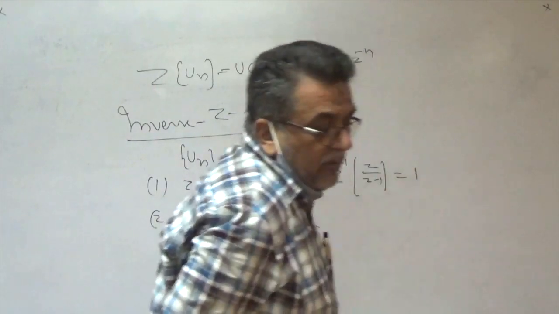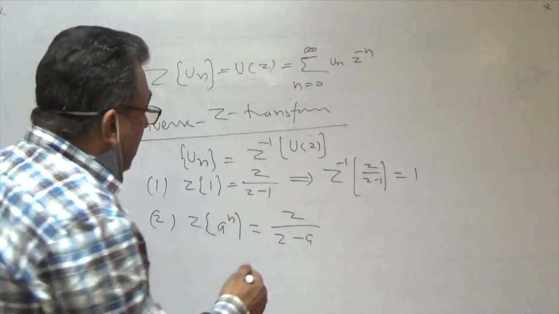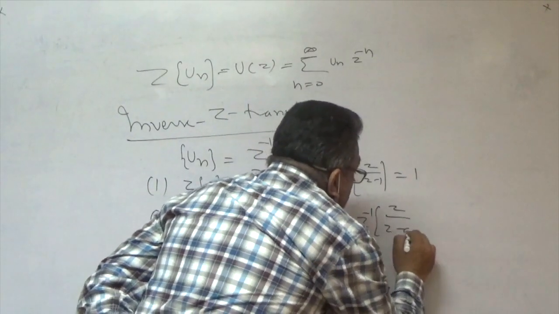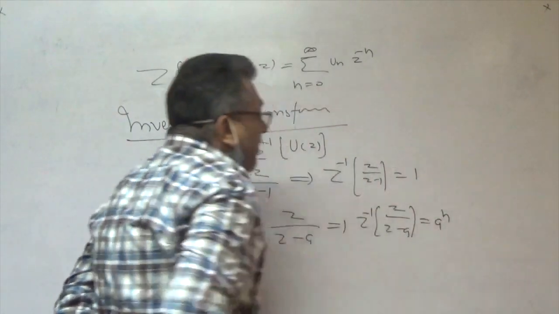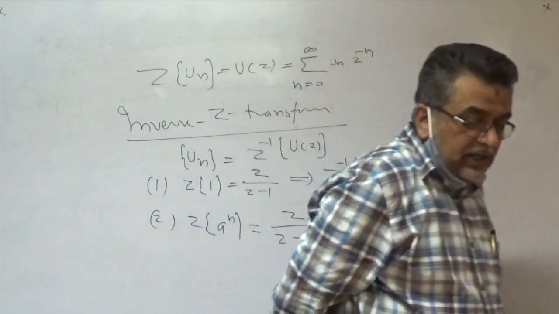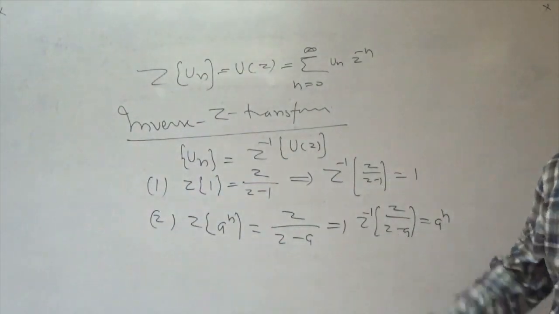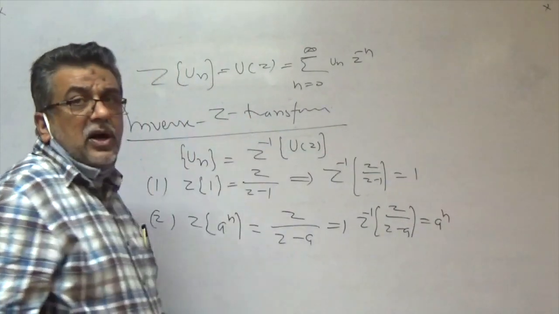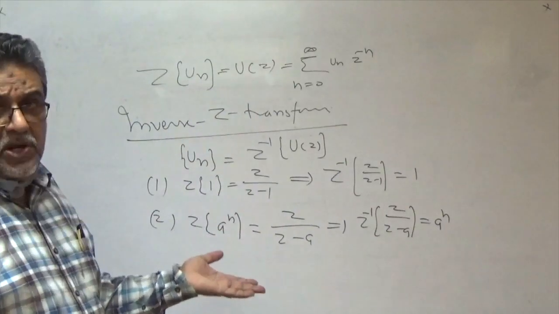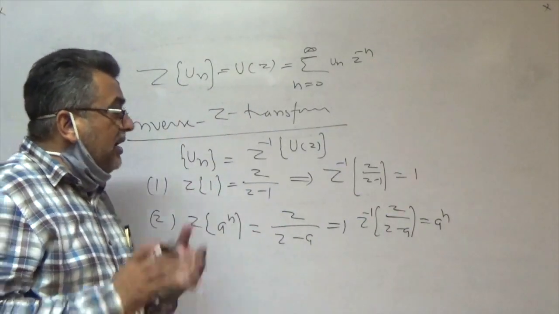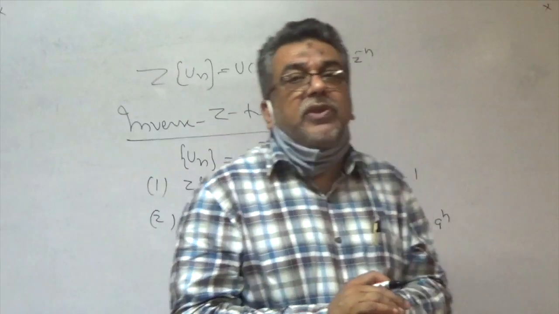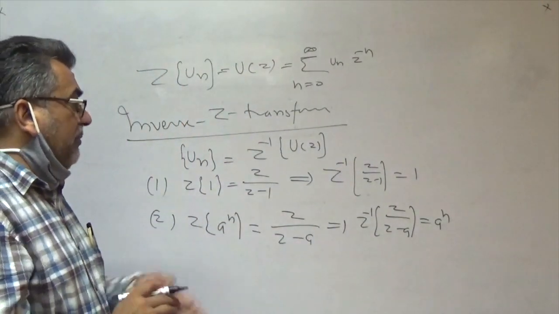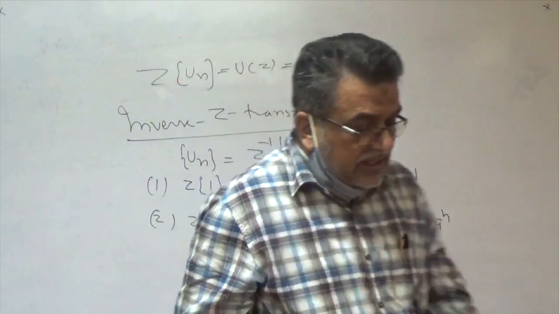This is a standard formula, and simply the inverse Z transform of z upon z minus a is equal to a to the power n. So we can directly obtain the inverse Z transform by using the already calculated values of the Z transform of the given sequences, just in reciprocal form, with no other formula.